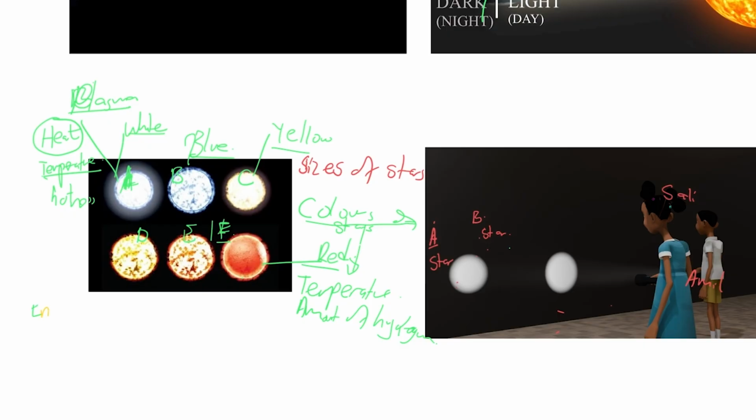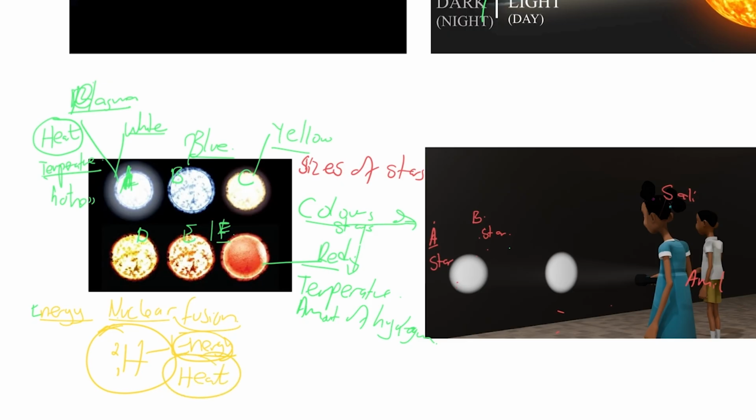So we all know that all stars produce their energy by a process of nuclear fusion. This involves the reaction of hydrogen atoms. The more hydrogen a star has, the more energy is produced.